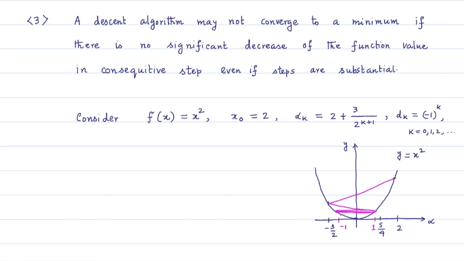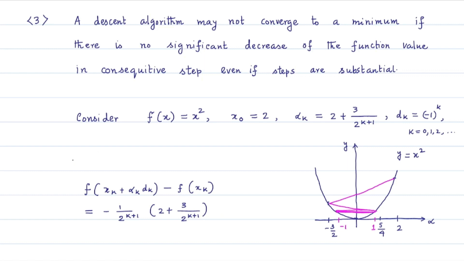And this is happening due to the fact that the difference between the function value at xk plus 1, that is xk plus alpha k dk, minus f of xk, you can compute and find is given by 1 by 2 to the power k plus 1 times 2 plus 3 divided by 2 to the power k plus 1, which is very small when k is larger and larger.